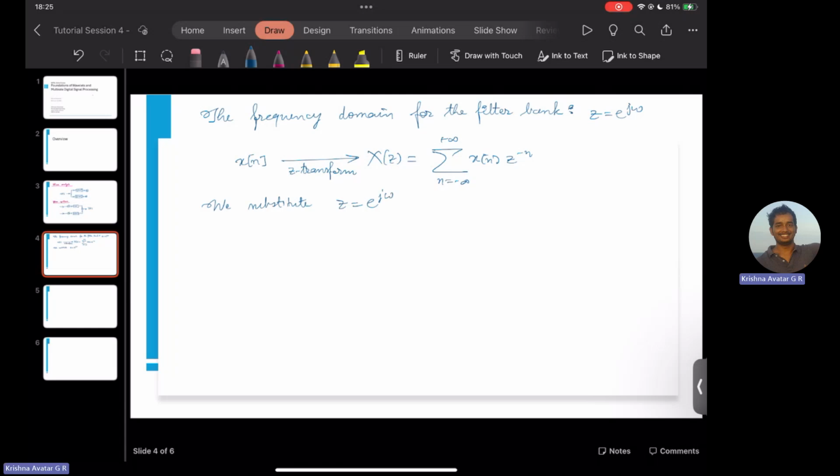And we do this for a reason: we want it to lie on the unit circle in the complex Argand plane. The requirement is that Z is an element of R, the script R, which is the region of convergence.